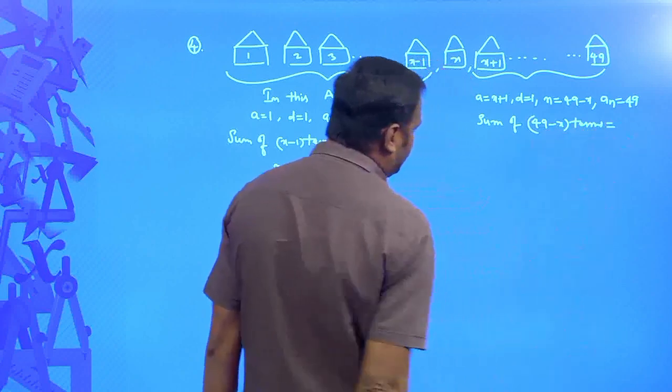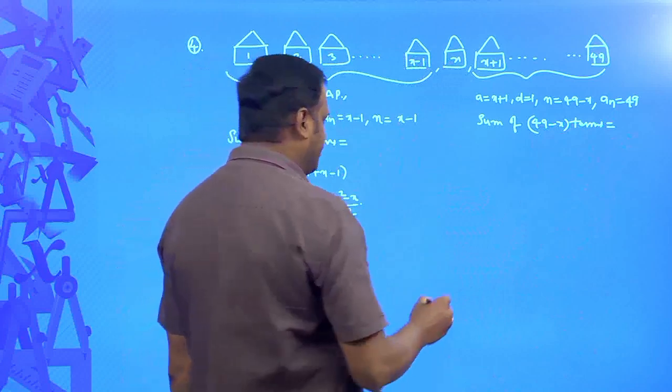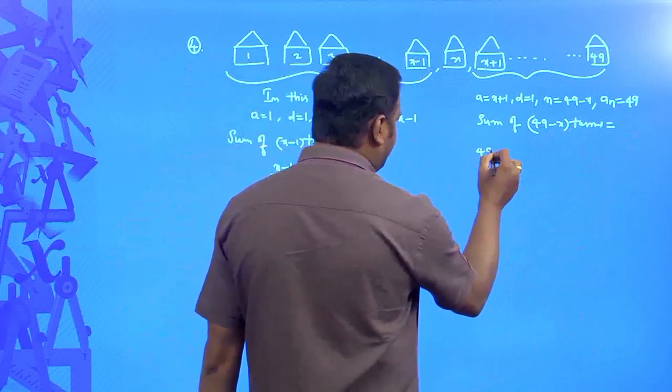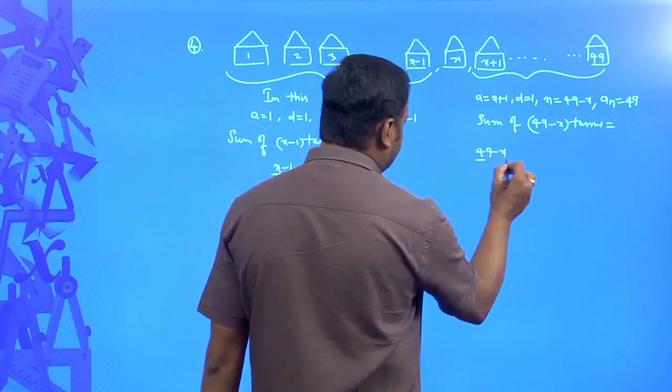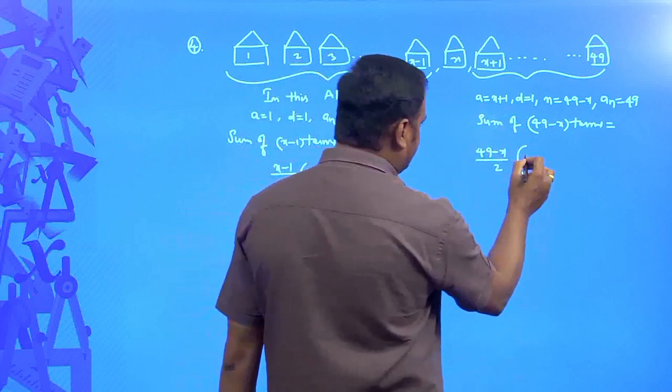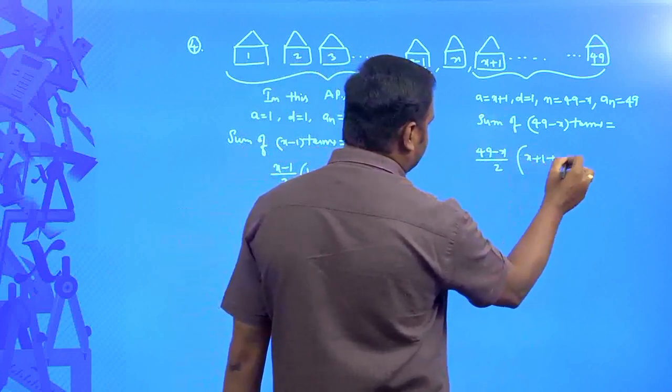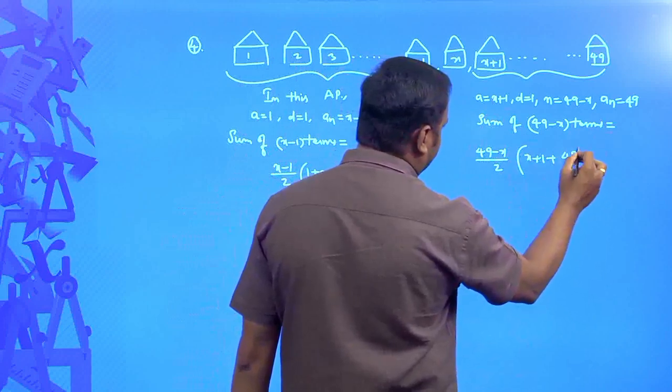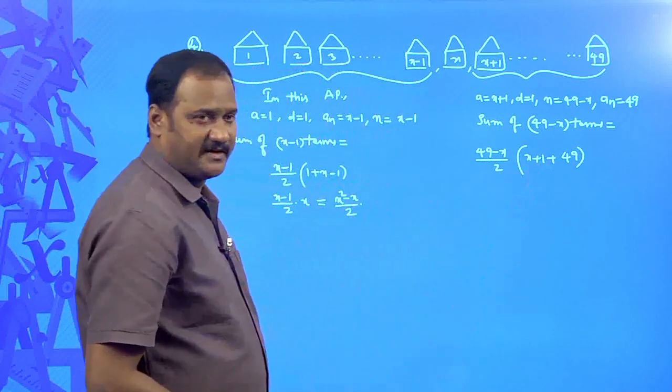is going to be, now the value of n is equal to 49 minus x. So n by 2, so (49 minus x) divided by 2 into a plus a_n, where a is equal to x plus 1 and a_n is going to be 49. Hope you understand this formula, right.